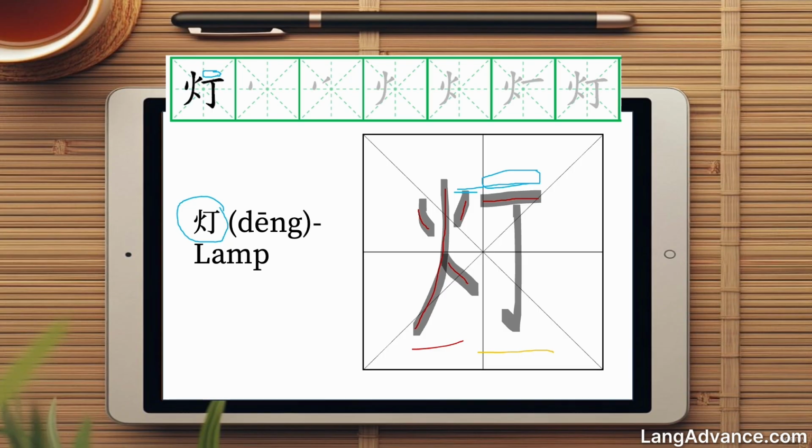But traditionally we do need to leave some space on top. So now finally our hook. That's our lamp. Deng. Let's write it. Cool.